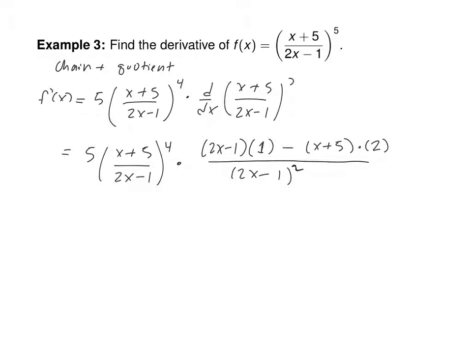So I've got 5 times x plus 5 over 2x minus 1 to the fourth. Now in the numerator, 2x minus 1 minus 2x minus 10, I believe.